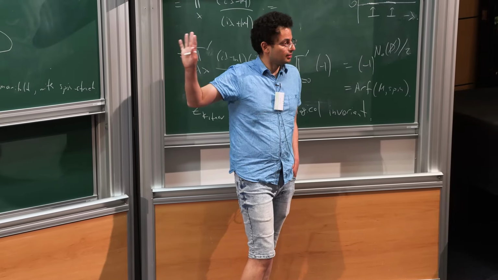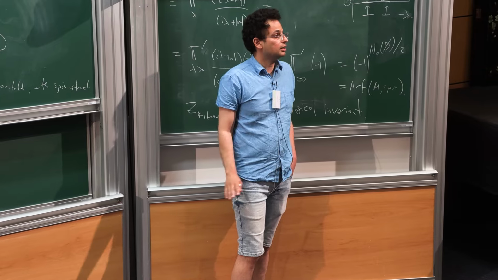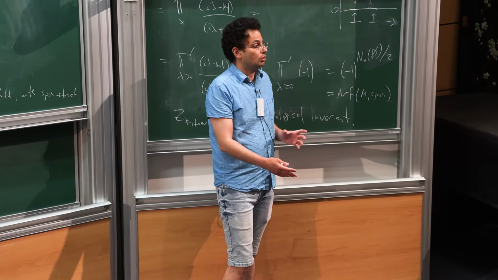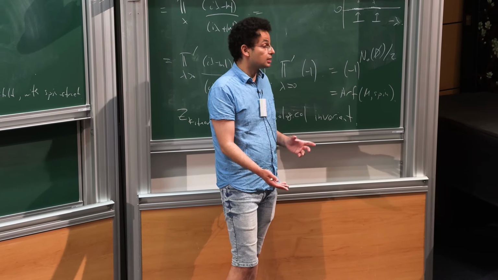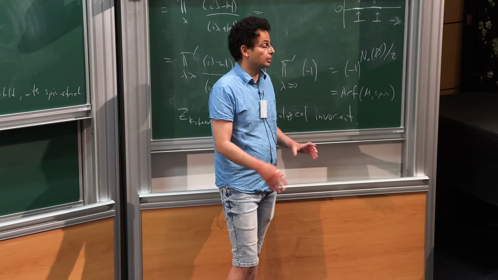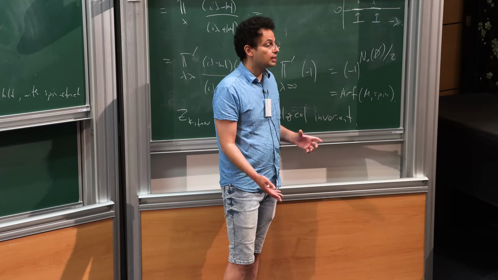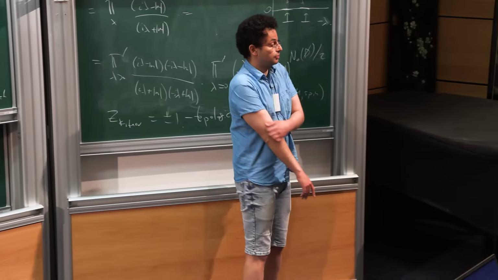This description is kind of set in stone at this point. But, for instance, you could consider placing your theory not on an oriented manifold, but on a non-orientable manifold. That's important when you have time reversal symmetry, and you want to probe the response to time reversal symmetry. So in that case, the spectrum will not have this form.